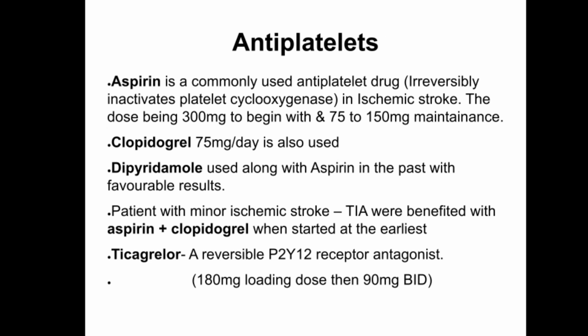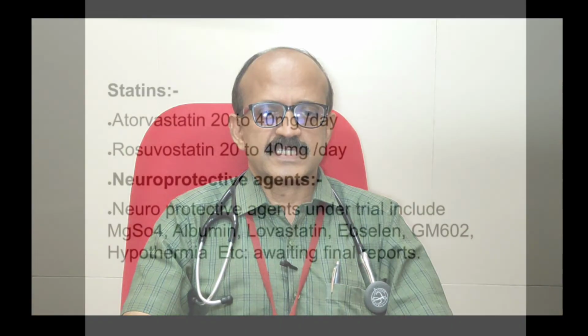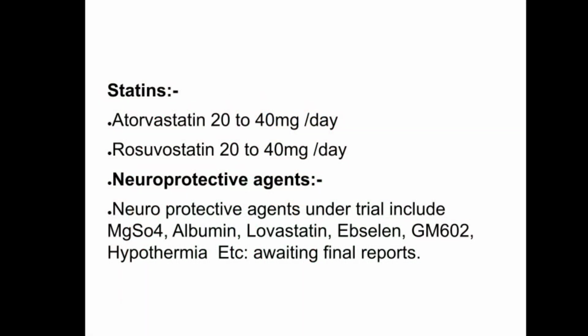Antiplatelet should be started as early and continued as secondary prophylaxis. Then clopidogrel aspirin combination is very effective when there is TIA, for a period alone. Then aspirin can be continued. Ticagrelor is also a recently promising drug. Statins, atorvastatin and rosuvastatin, can be considered 20 to 40 milligram per day, and you can follow up till the cholesterol is controlled.